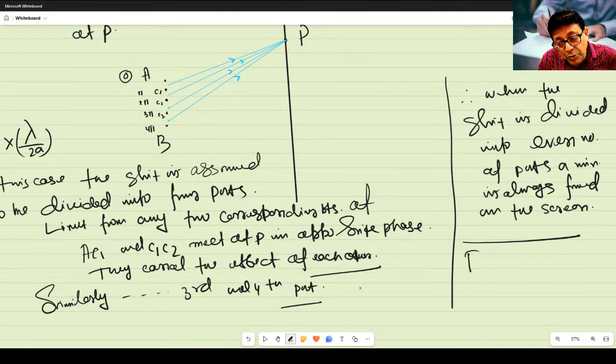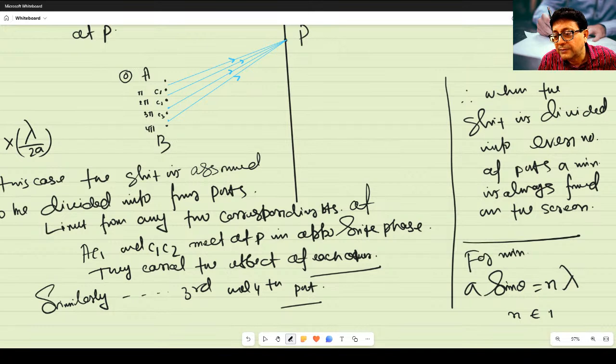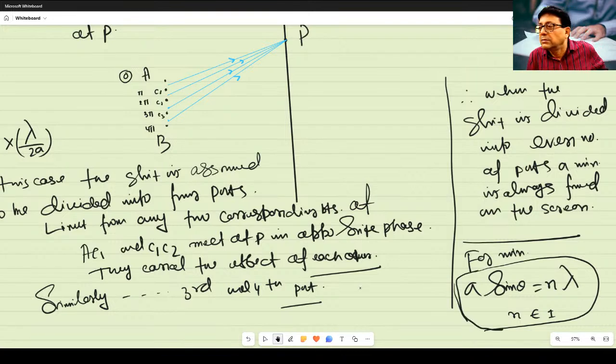For minima, what is going to be the condition? For minima, the path difference a sin theta should be n lambda, n belongs to I. If we take n equal to 1, then 2 into lambda by 2a.